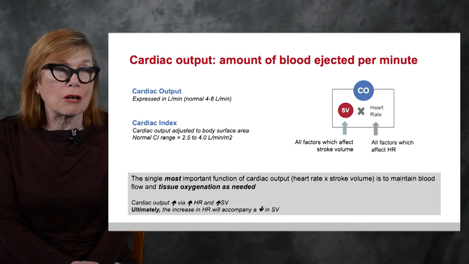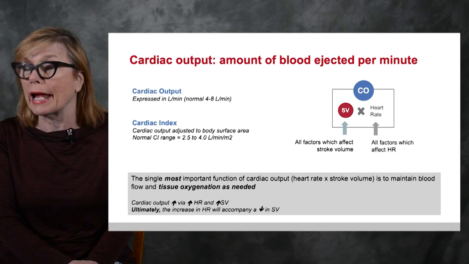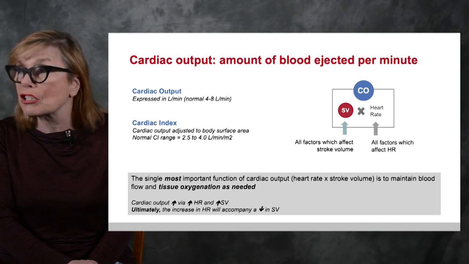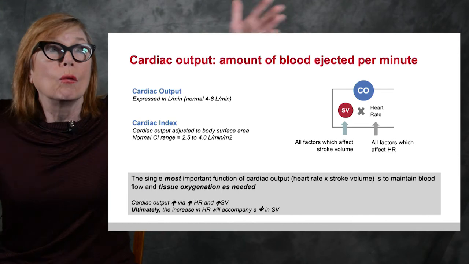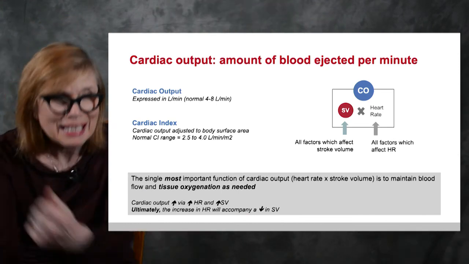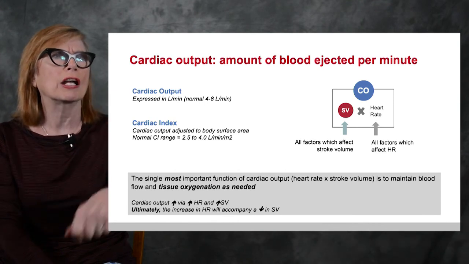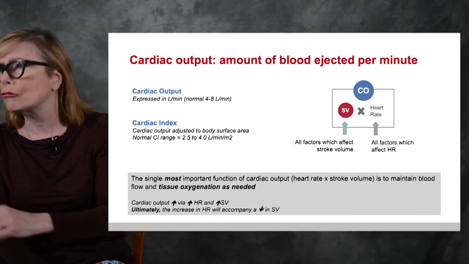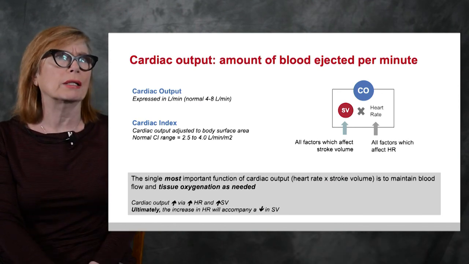Always consider that that is an inefficient way to drive up your cardiac output. The most efficient way for you to drive up cardiac output is to increase the what? You're right, stroke volume. Increase the stroke volume. You try to do that with volume, and you try to do that with an inotrope. That's a really important concept.